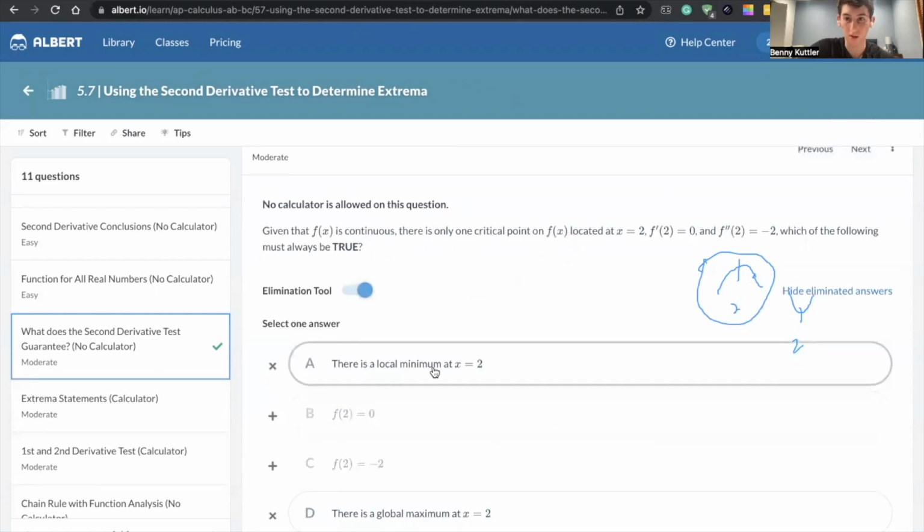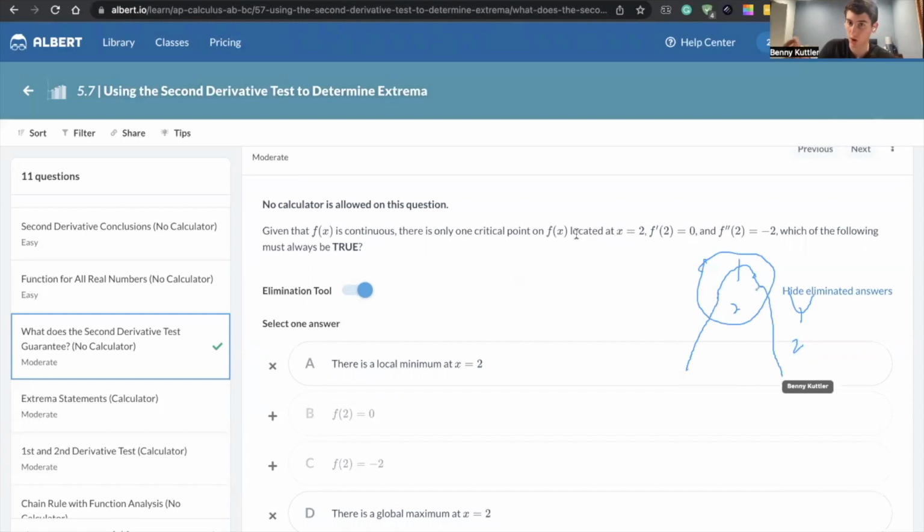A local minimum? Well, this sketch showed us that it should actually be a maximum, if anything. But then we know that this is the only critical point. So this is the only time where it changes direction. If it doesn't change direction anywhere else, that means these have to keep going down. They can't go up because that would mean it has to change direction.